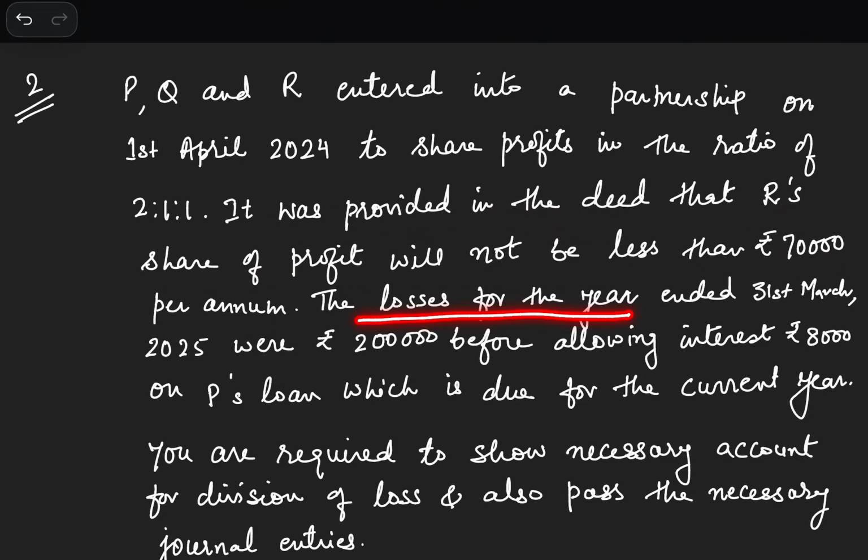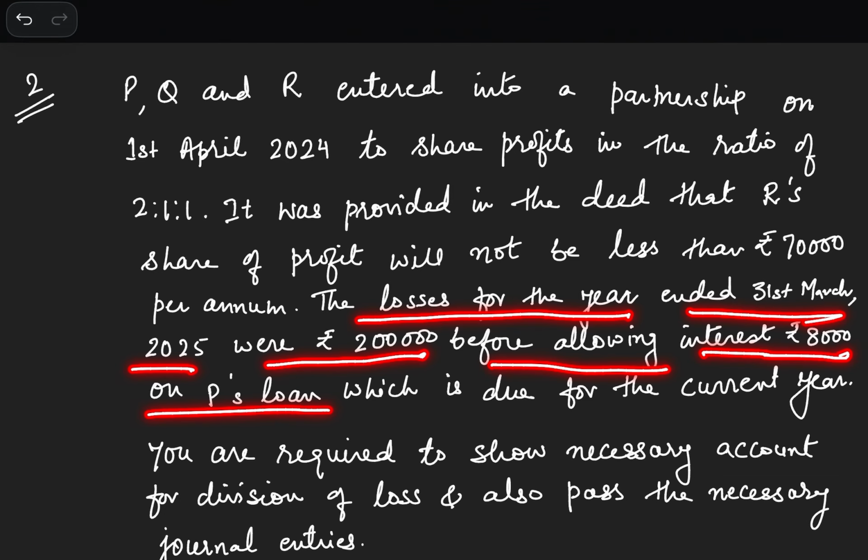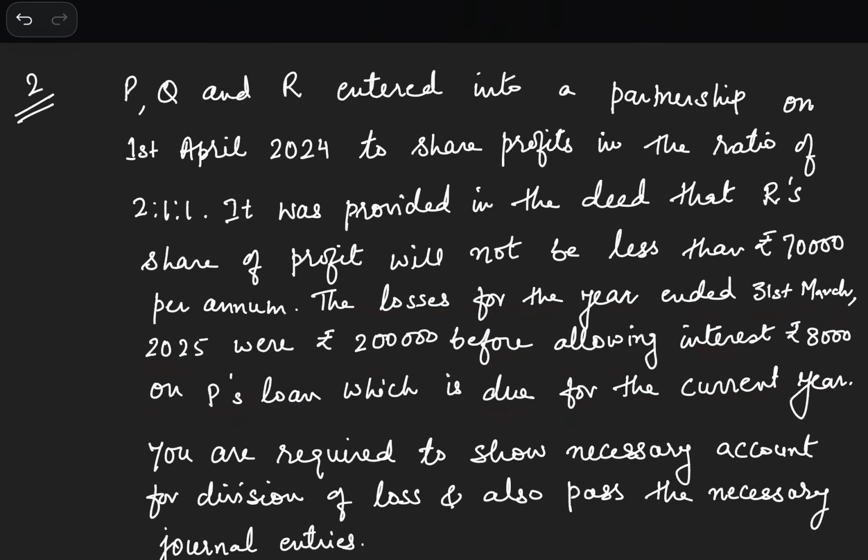The losses for the year ended 31st March 2025 were rupees 2 lakh before allowing interest of rupees 8,000 on P's loan, which is due for the current year. You are required to show necessary accounts for division of loss and also pass the necessary journal entries.